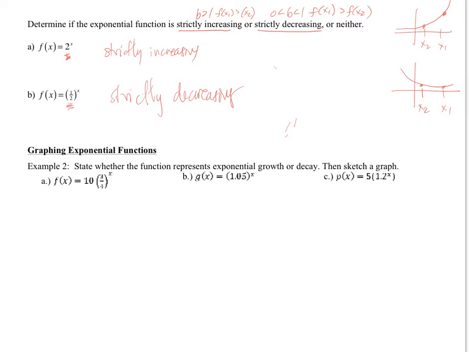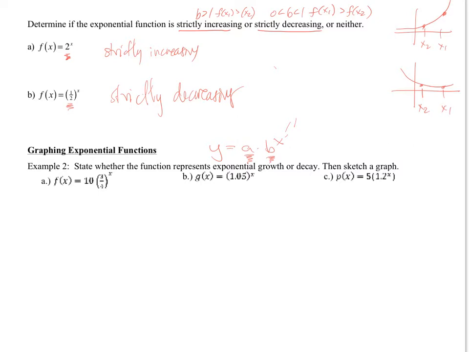So if you recall, when we had the general form of an exponential function, b was the base, and a represented the y value of the y-intercept. So the base told us whether it was growth or decay, and the a value told us where the graph crosses the y-axis.